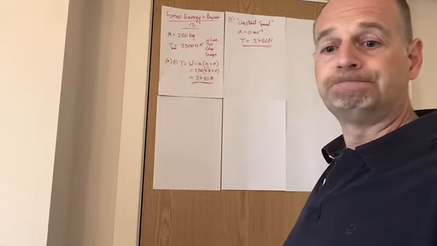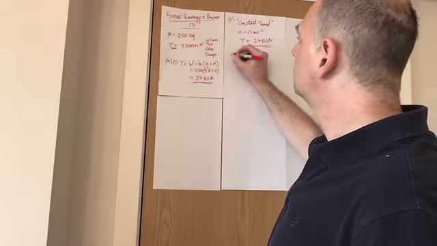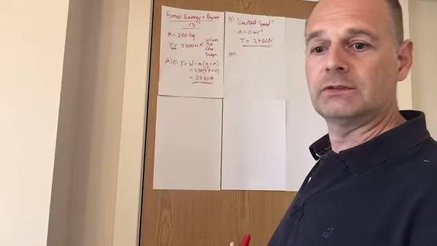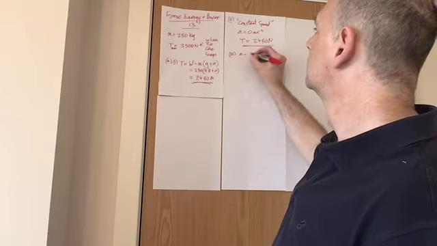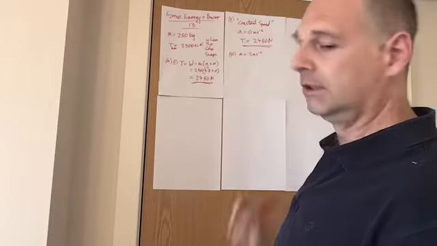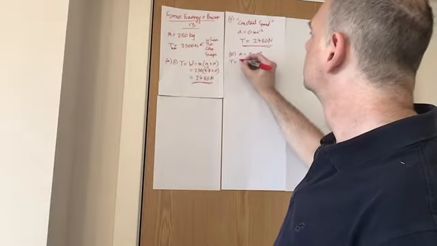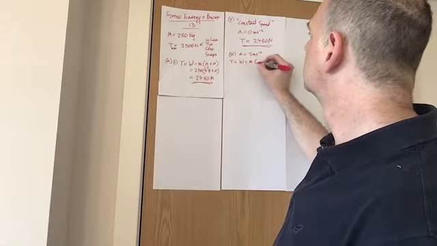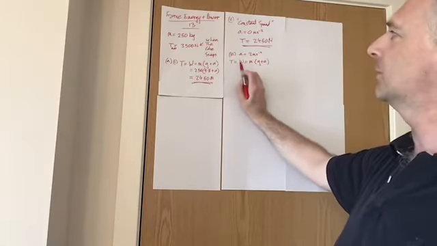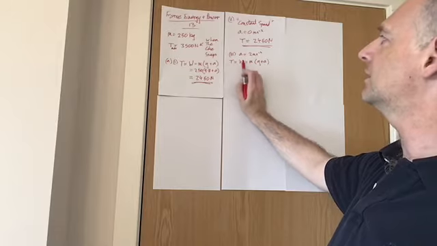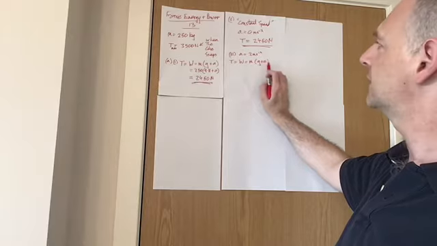In part 3, moving upwards with a constant acceleration. So part 3, it's moving upwards, the lift and all its passengers, with a constant acceleration of 2 meters per second squared. So let's break out the formula again. And what I'm doing by writing this bit is I'm telling anyone that's looking at this that I know the tension has got to be equal to the weight plus the gravity plus the acceleration.